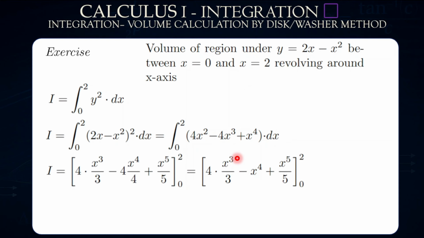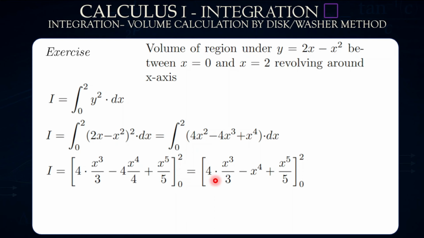Now you can simply calculate this integral. So you have 4 times x squared integrated, which is x cubed divided by 3, multiplied by 4, which is on the outside, minus 4 times x cubed, whose integral is x to the fourth divided by 4, plus x to the fourth integrated gives you x to the power of 5 divided by 5, between 2 and 0.